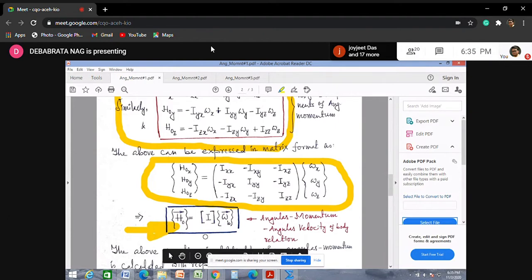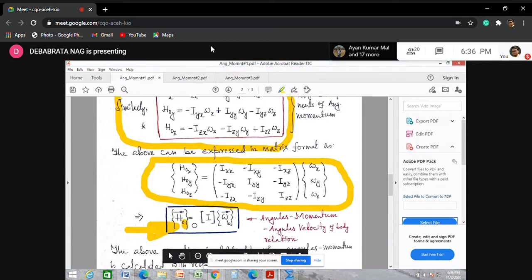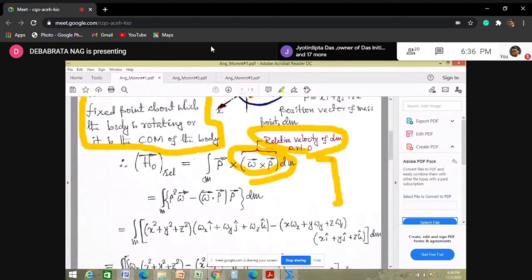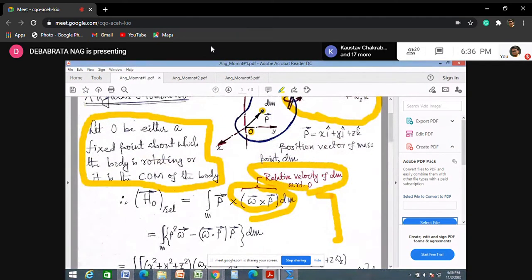Firstly, the left hand side represents the relative angular momentum, and this is valid for the point O, which at the onset we said is either the center of mass of the body, or the fixed point about which the body will be rotating, or any other point about which I can write the relative velocity between any particle of the body, say this particle, and the point O about which I am going to write the angular momentum equation.